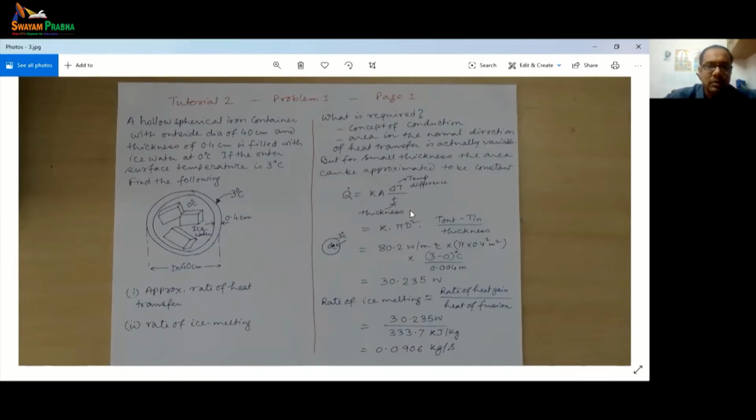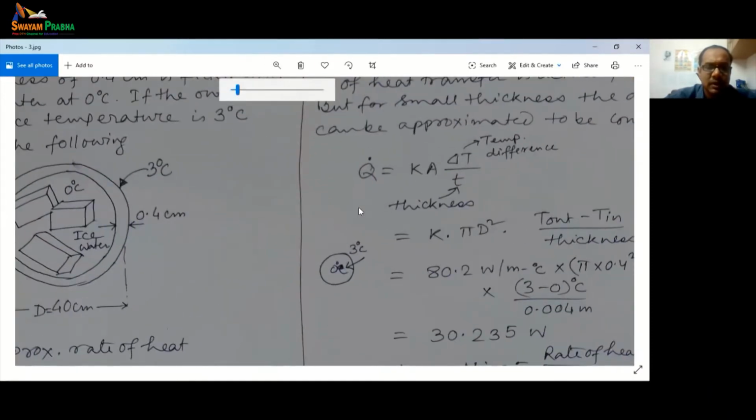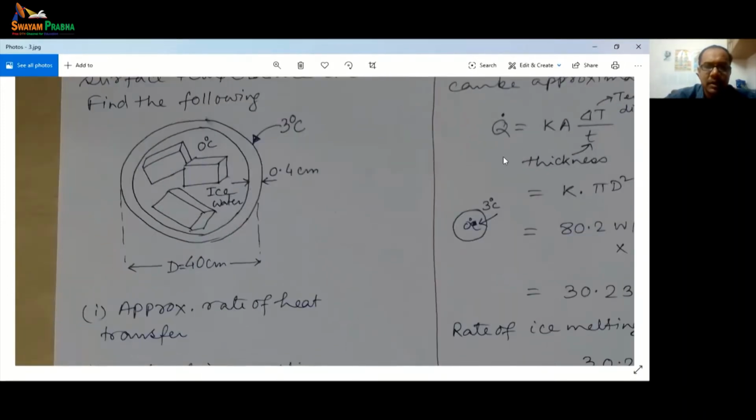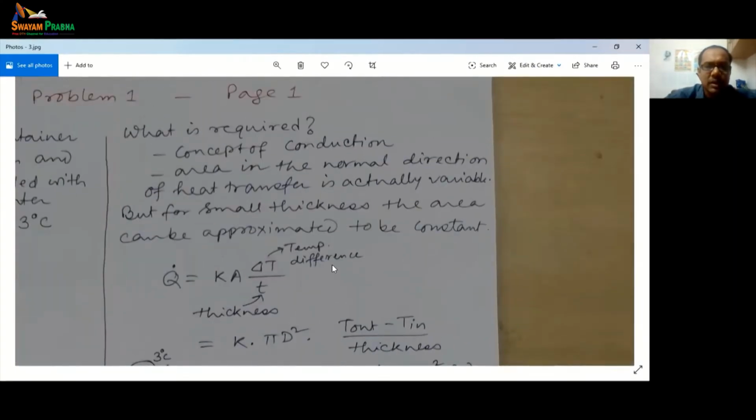Let me zoom this out a little bit so that we can see things more clearly. On your left hand side we have this problem statement. Now let us try to see what we will need to solve this problem.